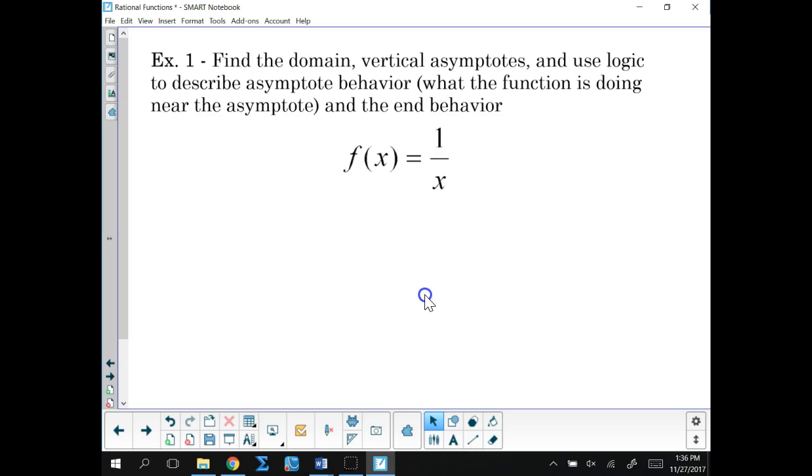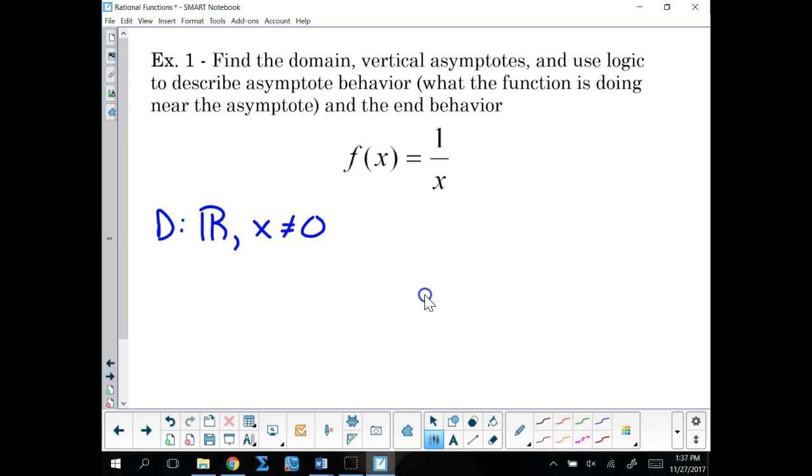What is the domain? Does everybody agree with all real numbers, but x cannot be 0? Okay? What is my vertical asymptote? X equals 0 is my vertical asymptote. What if I just put 0? It's wrong.